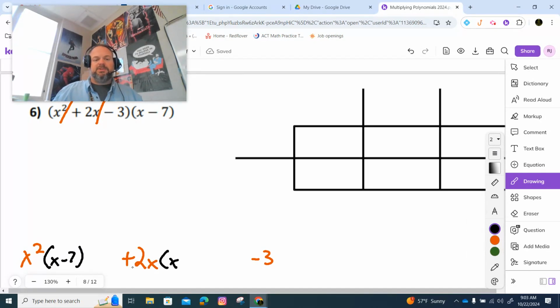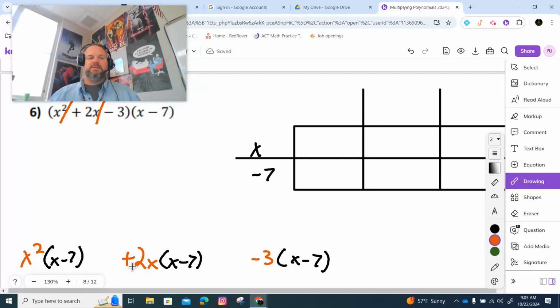So this actually uses a triple distributive property. And for this one, you would still do the same thing. You could change the box if you wanted to.